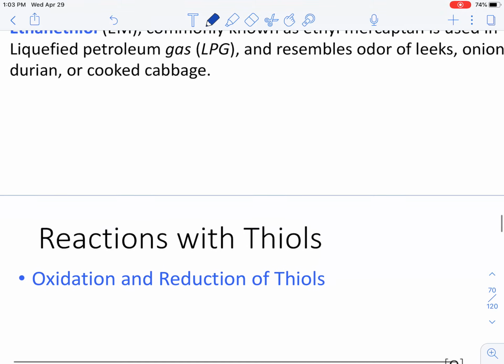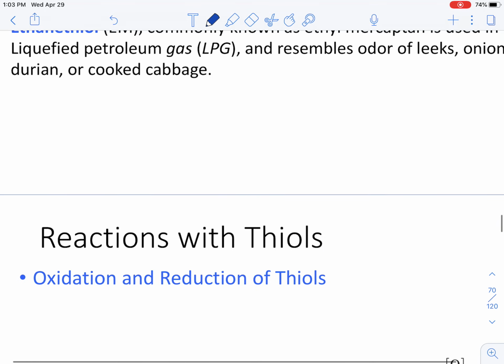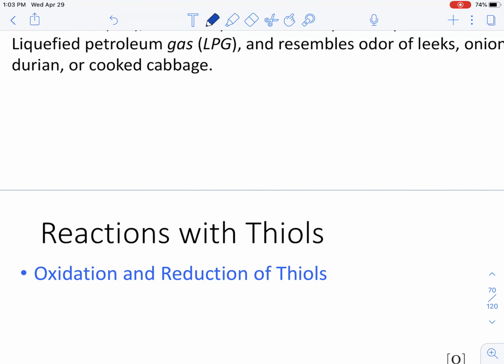Before I scroll down at the very bottom, I'm going to write some stuff here in this white space. If you guys have two organic compounds, and by the way, the squiggly line, if you guys recall, represents that this functional group, this sulfhydryl group, is going to be bonded to some type of carbon chain.